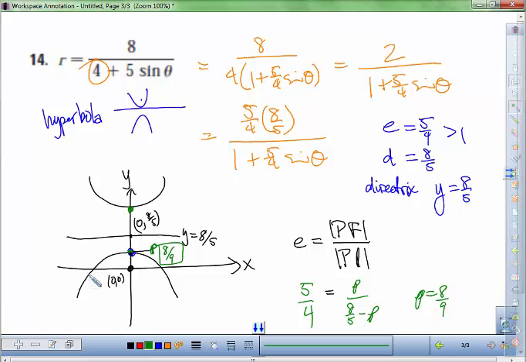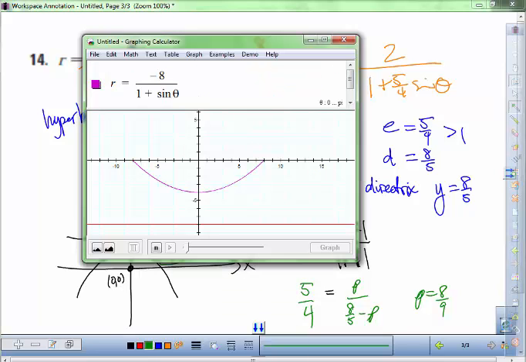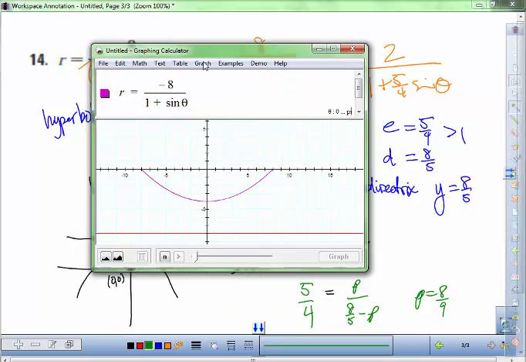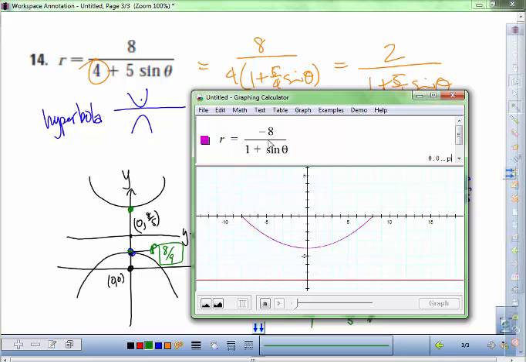All right. Well, let's graph it using our handy dandy... How do you do it? So no negative. And we have a 4 plus 5 sine.